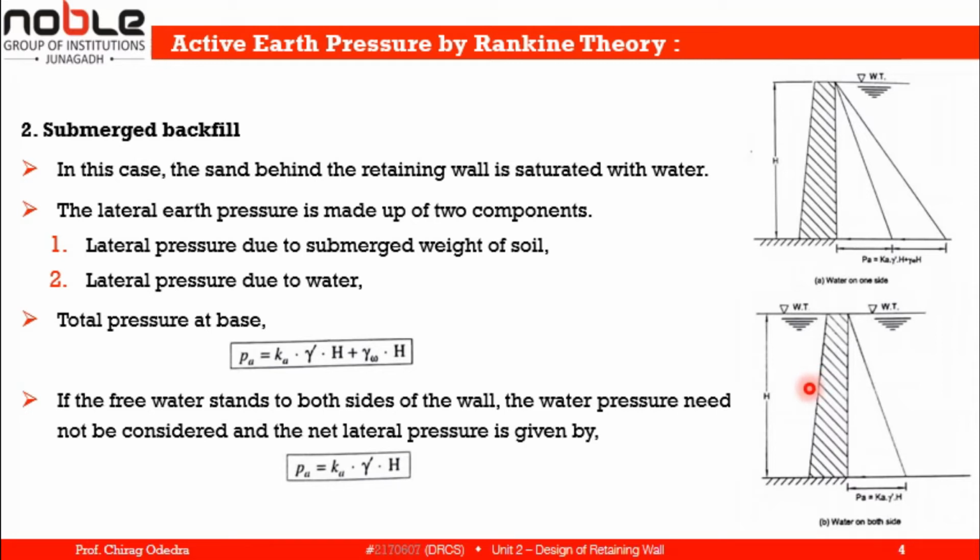So they both nullify each other's effect. Like here plus γw H, and because of this water there will be minus γw H. So plus γw H and minus γw H will nullify each other's effect, and the remaining value of total pressure at the base will be Ka γ' H.